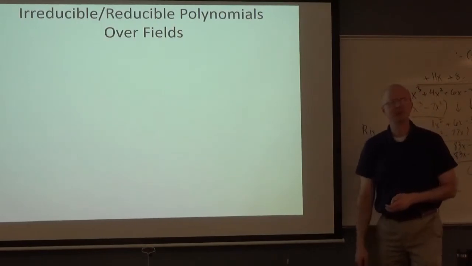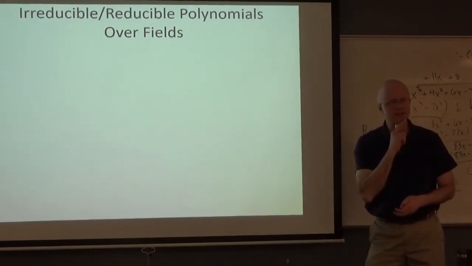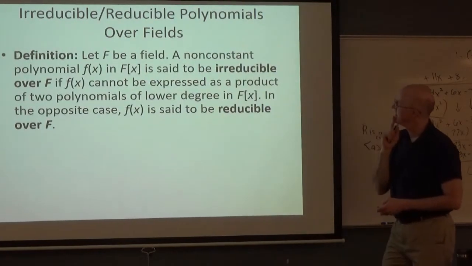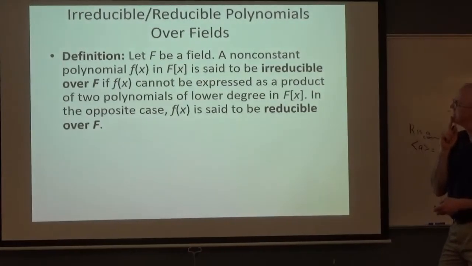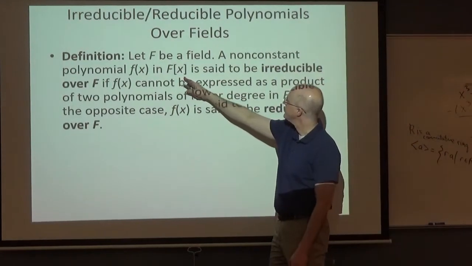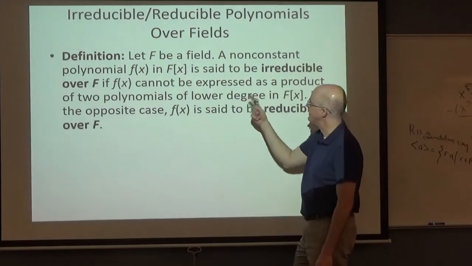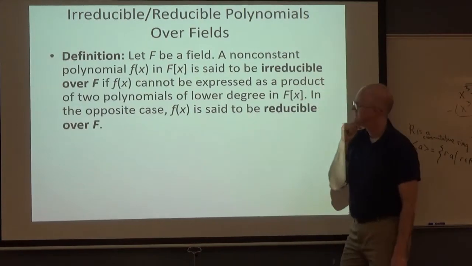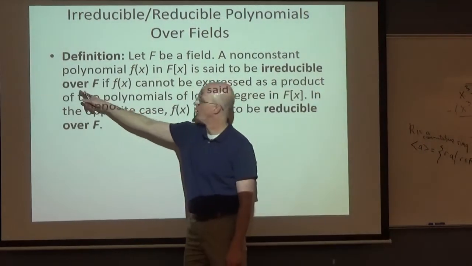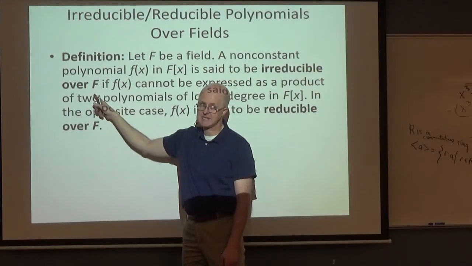The idea of an irreducible polynomial is similar to the idea of a prime number. Let F be a field. A non-constant polynomial in this polynomial ring with coefficients in the field is said to be irreducible over that field. I can't stress enough the importance of putting over the field there as well. Don't just say irreducible.